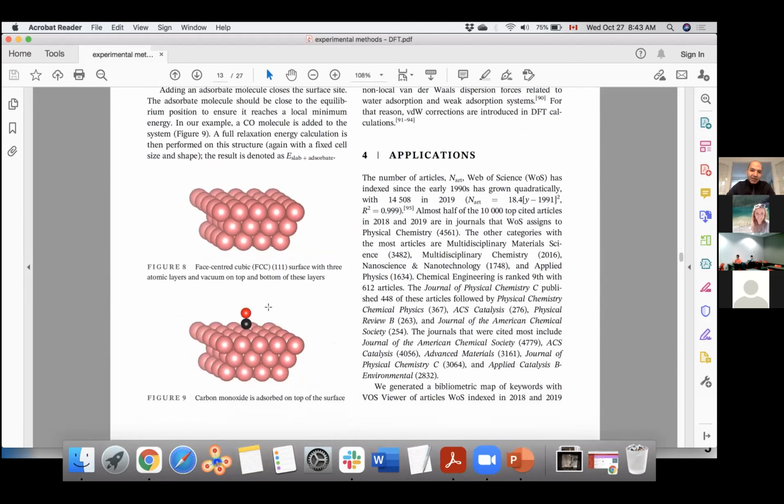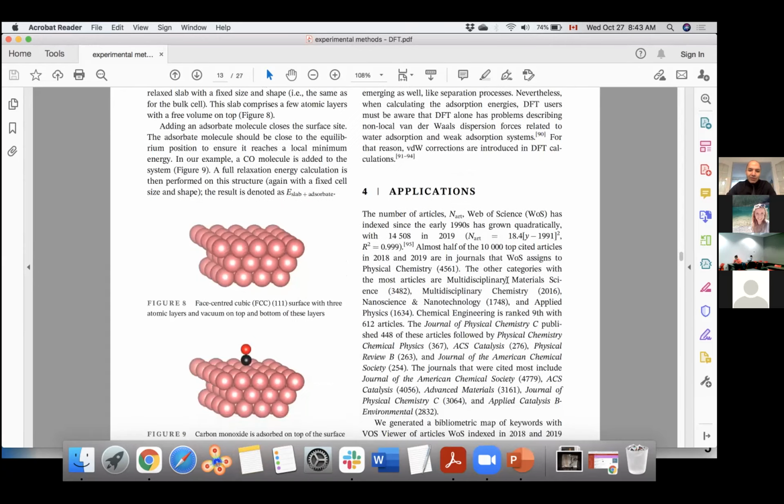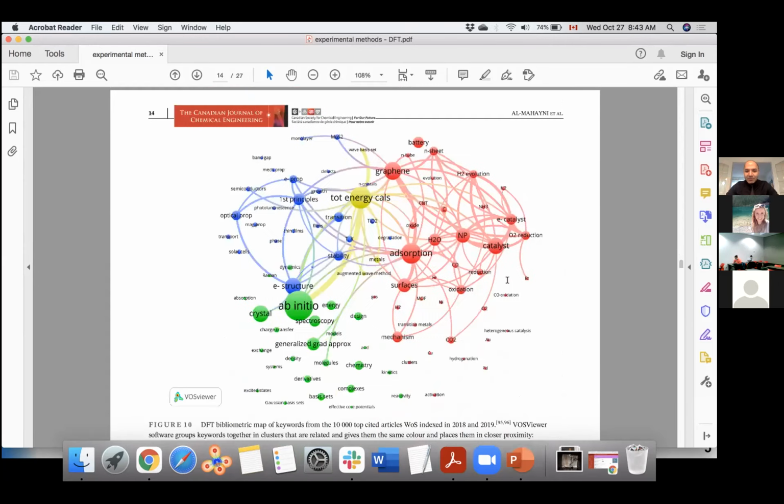When we compare the formula to calculate the adsorption energy, which is given here, we realize that it's exactly the same formula that we use to calculate the surface energy, the same formula that we use to calculate the reaction energy, or to obtain Gibbs free energy for any phenomena that we have. And that's true. We always use quite the same formula to run the calculation. So I just make it short here.